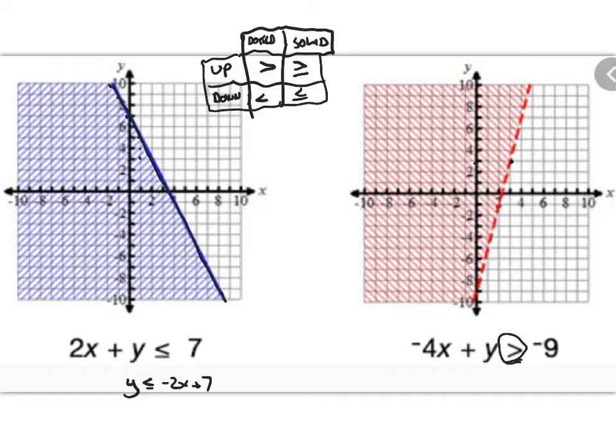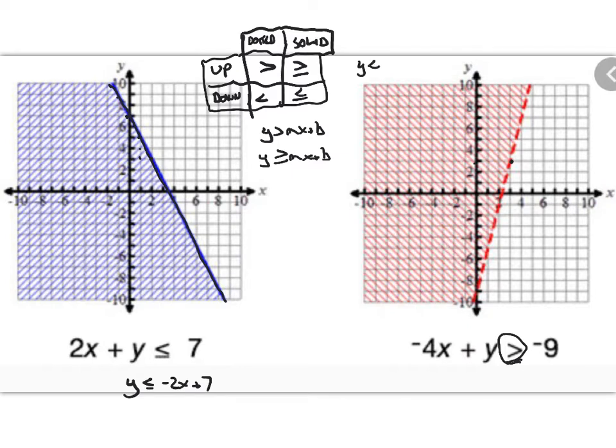If y is greater than mx plus b, you're going to have a dotted line, but every solution above the line will work. If y is greater than or equal to mx plus b, you'll have a solid line, and every point above the line will work.